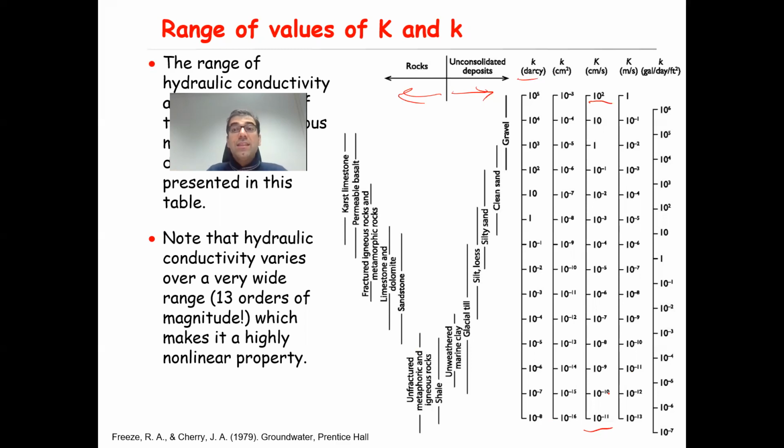That makes it a highly nonlinear property. By a little bit of change of the boundary condition, the permeability can change by orders of magnitude, which makes it very important to have an accurate understanding of the permeability of your domain to be able to describe the subsequent flow and transport processes.